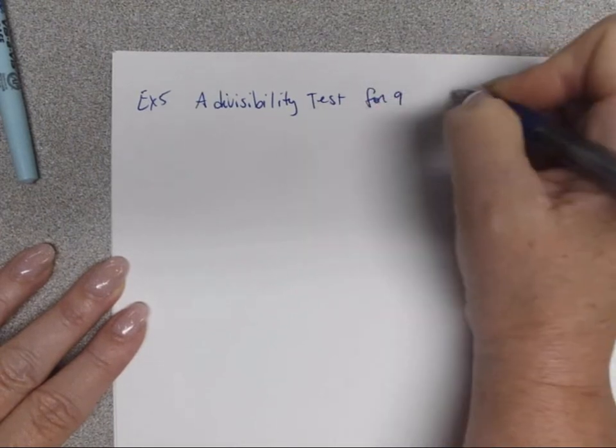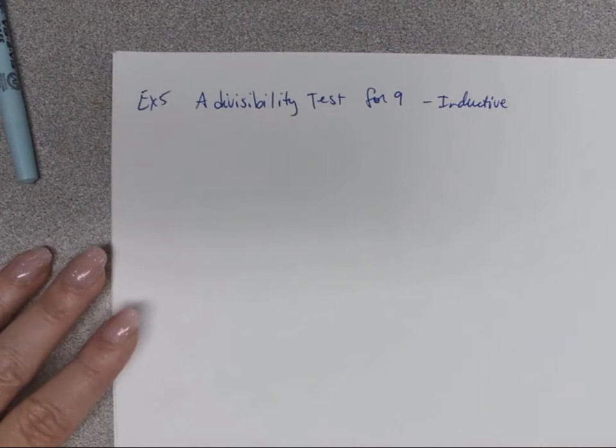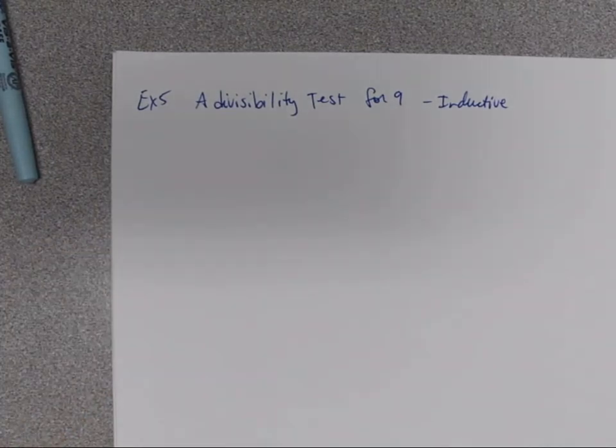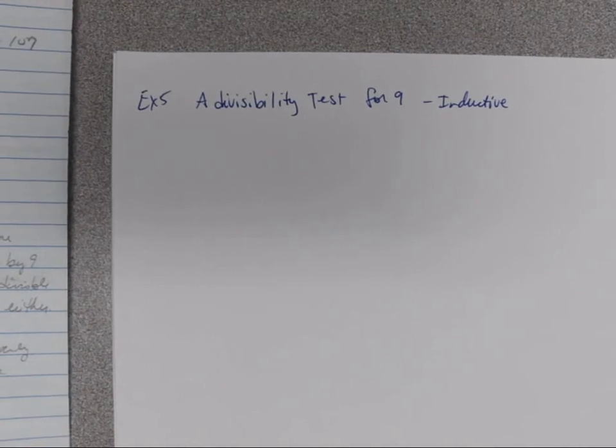Now this would be inductive. So we're going to consider the following numbers and verify if they are evenly divisible by 9 or not. Then we'll add the digits of each number and see if we see a pattern and make a conjecture.